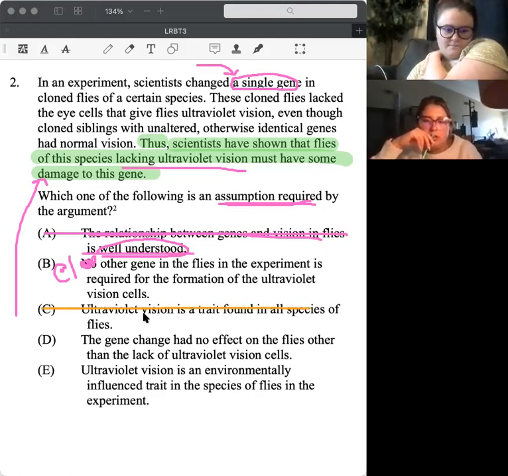All right. D. The gene change had no effect on the flies other than the lack of ultraviolet vision cells.